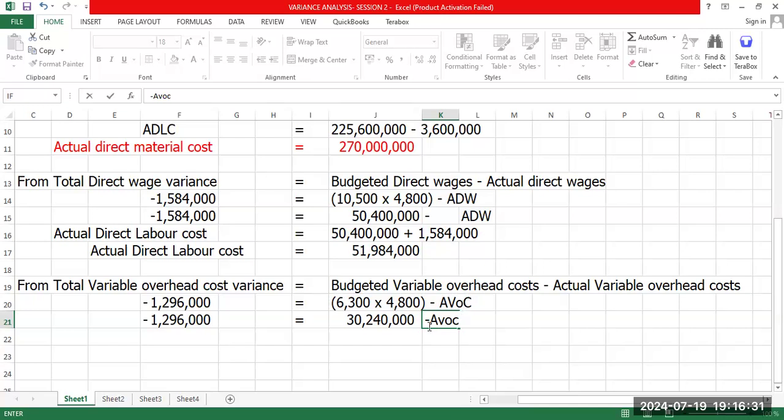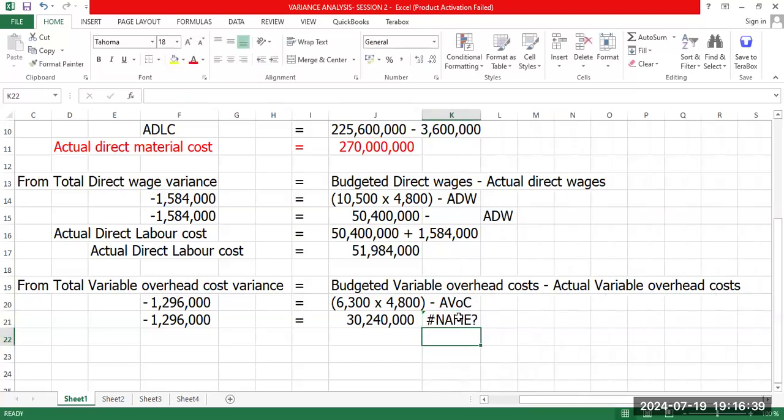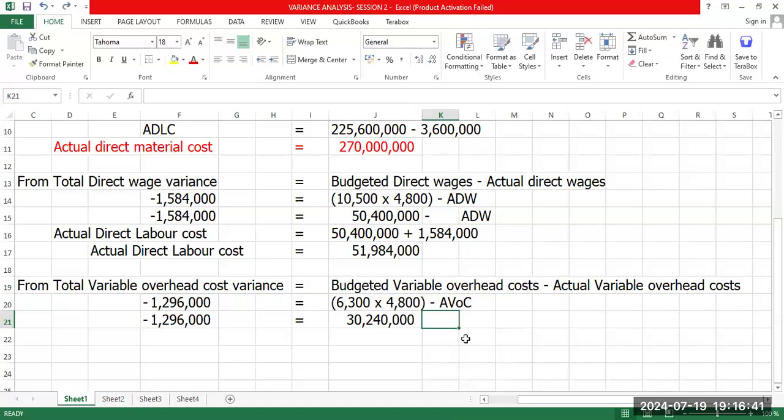So finally, what do you get? 31,536,000. So this will be our actual variable overhead cost, equal to this figure.